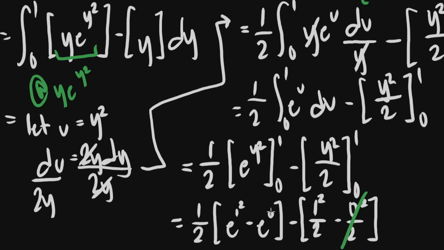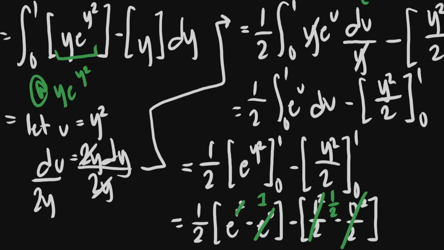Here would result to 1, and here 1/2. So 1/2, and here e would just stay the same.